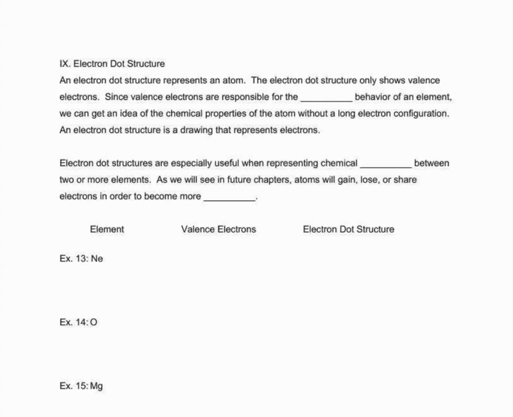They're the ones on the outside. They're the ones responsible for the chemical behavior of the element. So these are the only ones that we really need to know about the chemical behavior. So we can get an idea of the chemical properties without the long electron configuration.